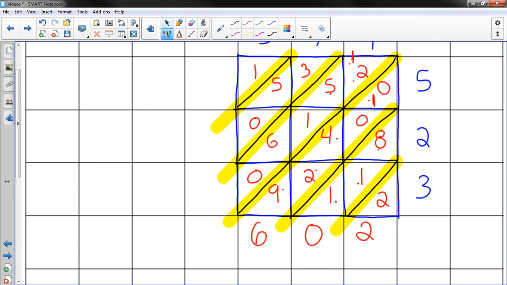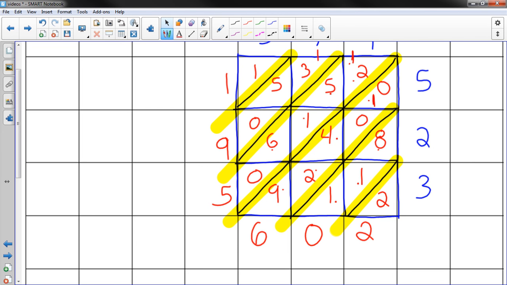5 is 8. 1 is 9, 6 is 15, there's a 0, 15. My 1 there. 1 and 3 is 4, 4 and 5 is 9, and then I have a 1 right there.